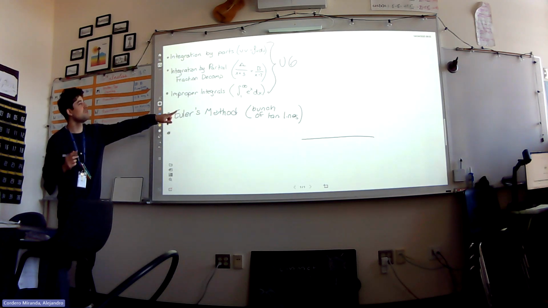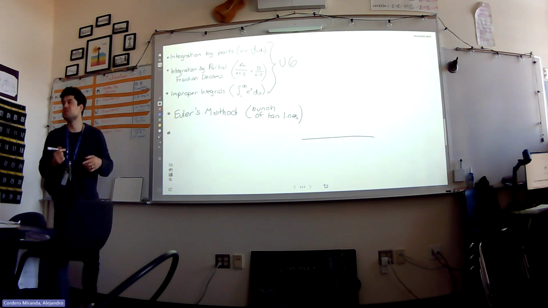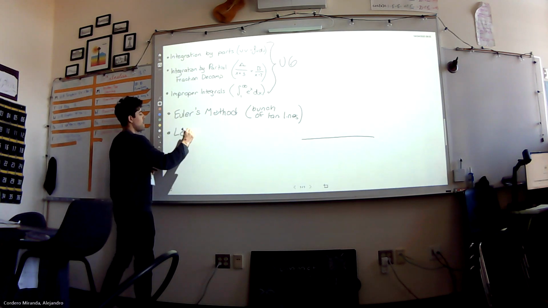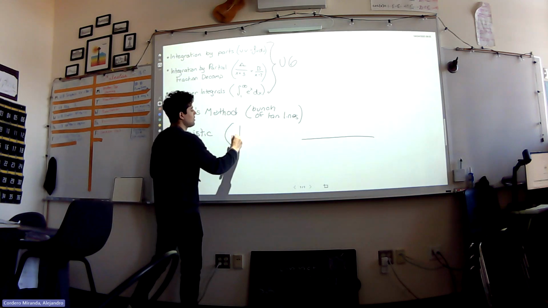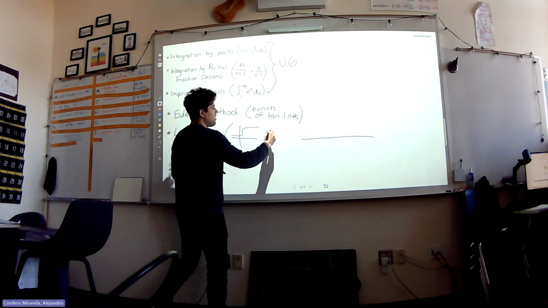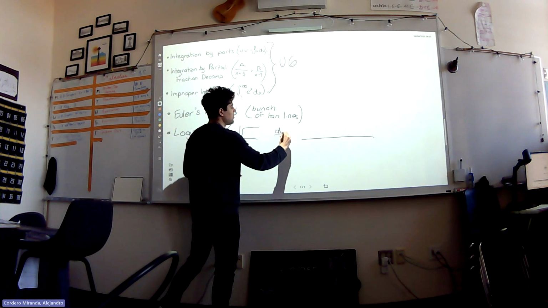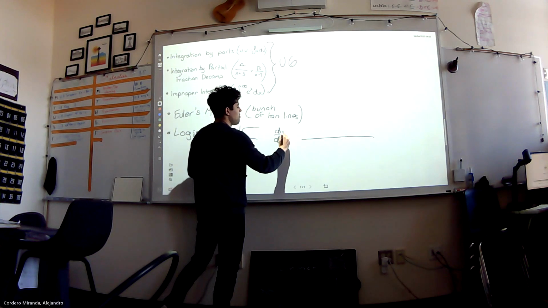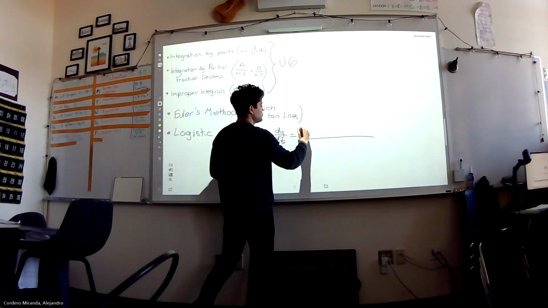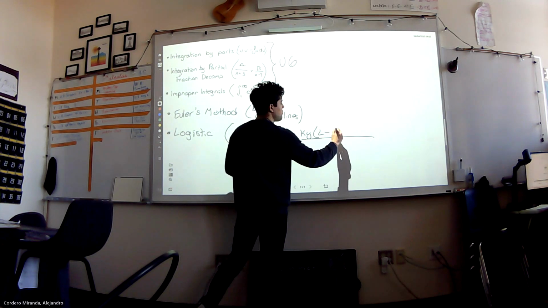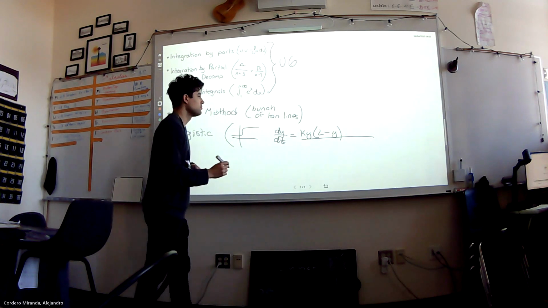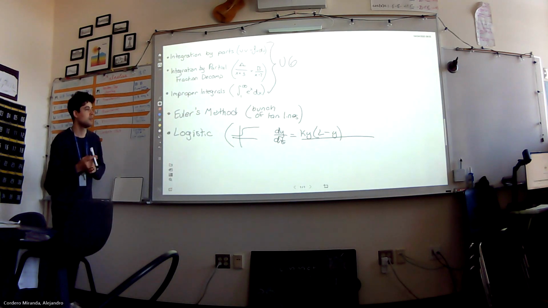Anyway, Euler's method was unit 7, and logistic models, which are the ones that look like this. The graph looks like that. And the differential equation for that looks like that.